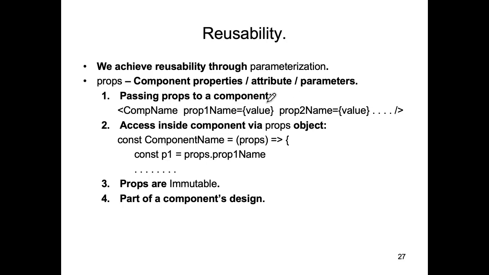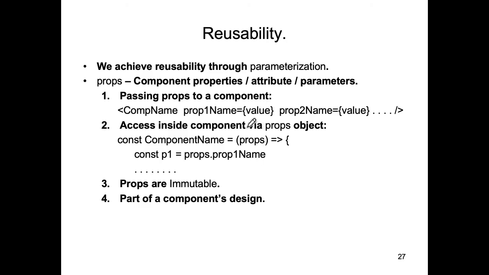So this is it here. Of course, part of the design of a component is deciding what parameters are appropriate, what name I want to give those parameters, and what kind of values those parameters have. That's part of the design process. We needn't get into that now. So this is the syntax, and it's very HTML-like, it's kind of key value pairs. That's how we pass parameters into a component.